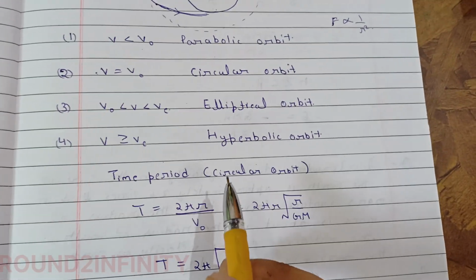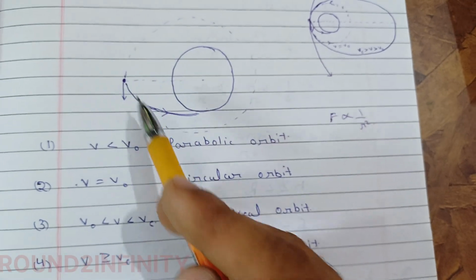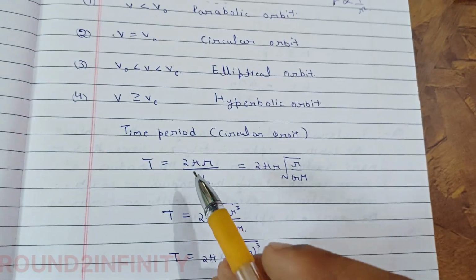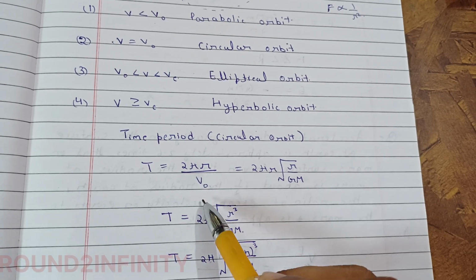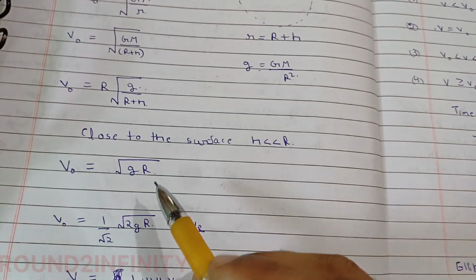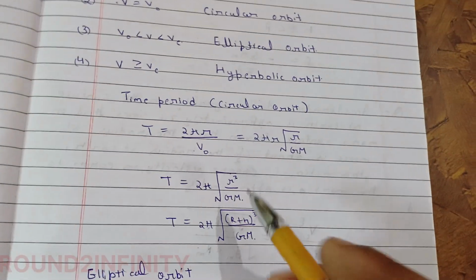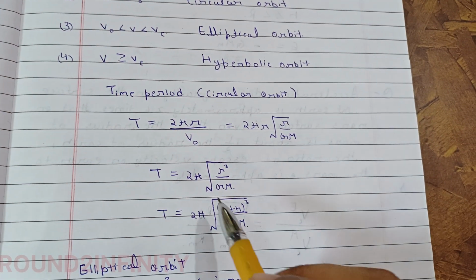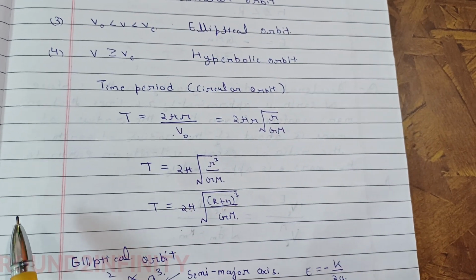Now you can also find the time period. In a circular orbit, the whole distance covered is 2 pi r and the speed is vo, so the time period will be 2 pi r over vo. We already found vo is the square root of GM over r, so just substitute it here and you will get the time period.